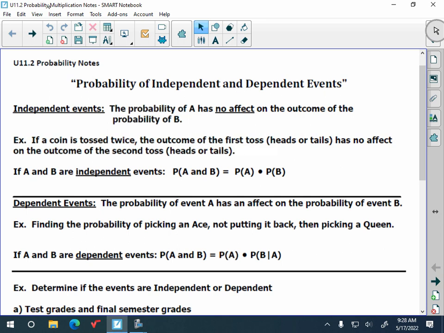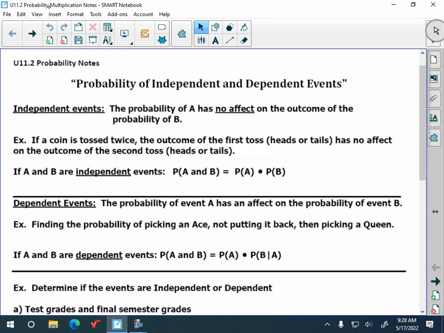Okay. Now, dependent events is a little bit different. The probability of the first thing happening is going to affect the probability of the second. All right. So, for example, finding the probability of picking an ace from a deck of cards, not putting that card back in the deck, and then picking a queen. So we know that the probability of picking an ace is 4 out of 52 because there's 4 aces.